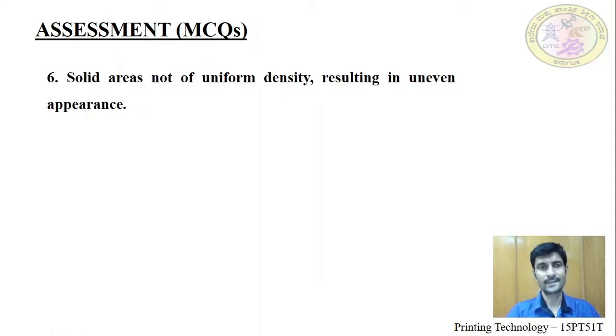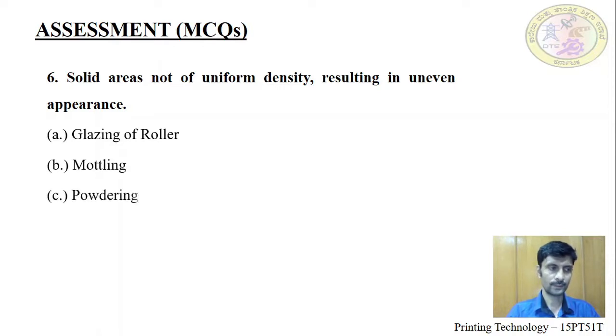The solid areas are not of uniform density, resulting in an uneven appearance. The options are glazing of rollers, mottling, powdering, and plate wearing. This may also cause it.